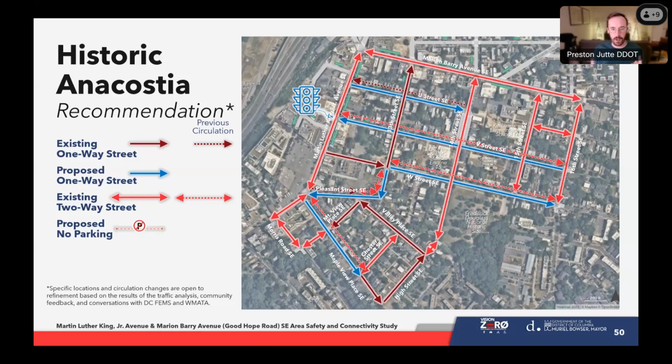As far as the who, I don't necessarily want to drop names of specific people. We've heard some reservations. I understand the challenges: you may have to circulate in a different way to get onto U Street. You may have to go down to W Street and circulate around and make a couple of right turns. That may add a minute or two to your commute time. I acknowledge that. We did speak with a couple of businesses right around U Street.